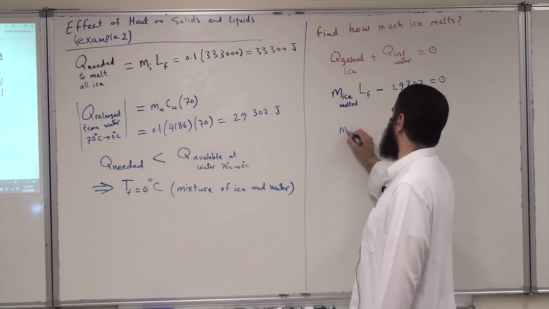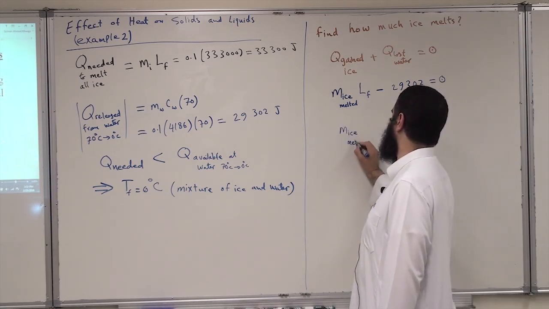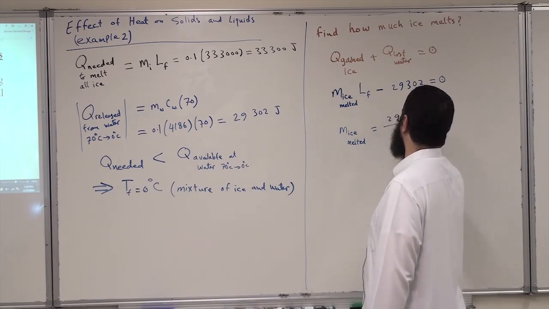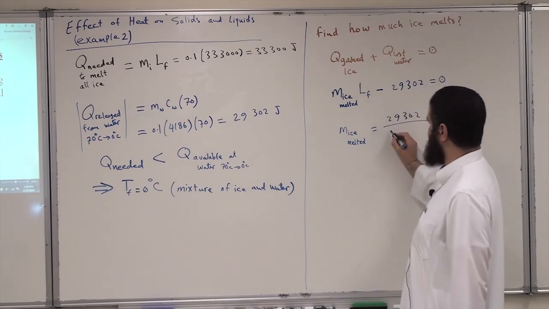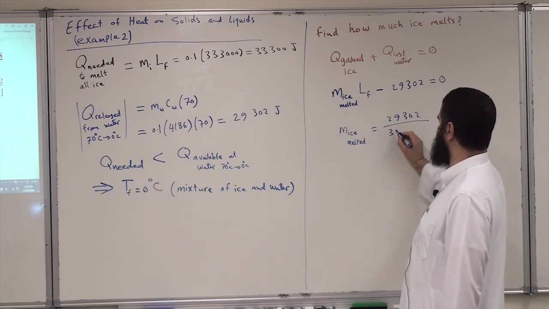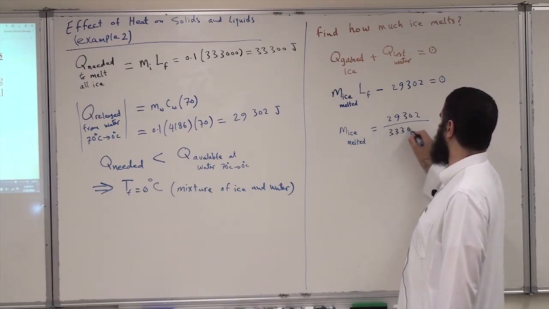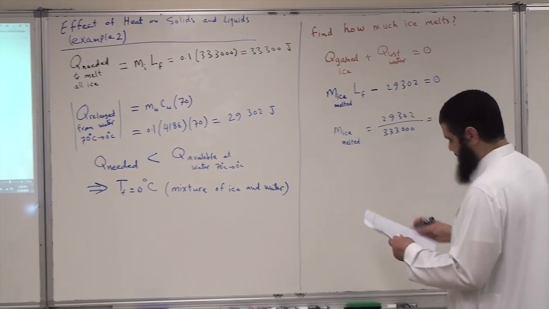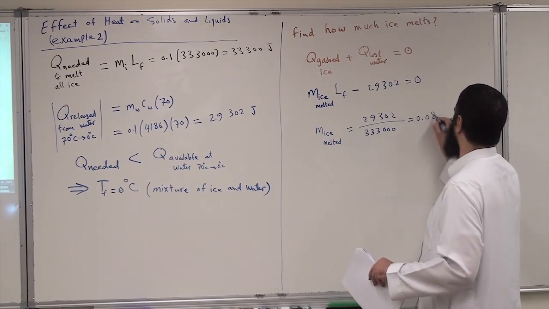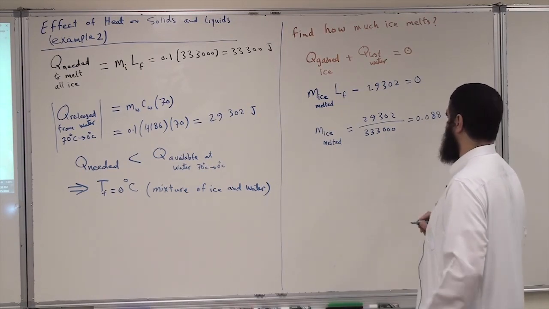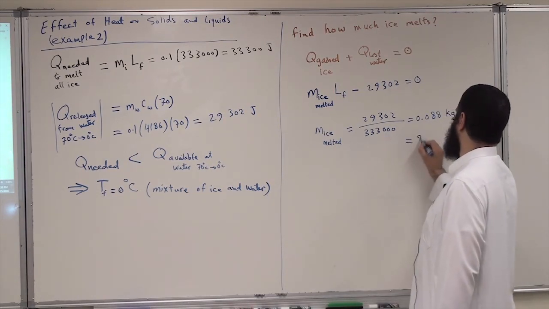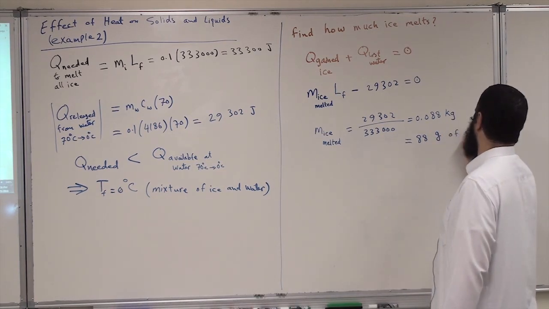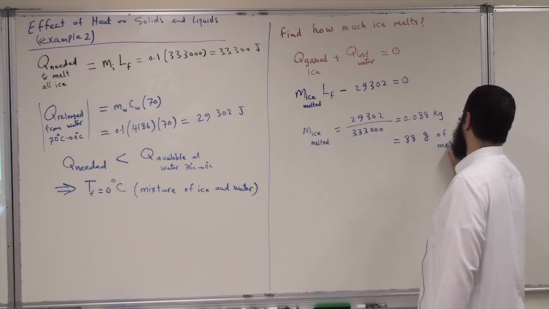So the mass of ice melted will be 29,302 divided by the latent heat of fusion of ice, which is 333,000, and this will give us 0.088 kilogram, or 88 grams of ice melts.